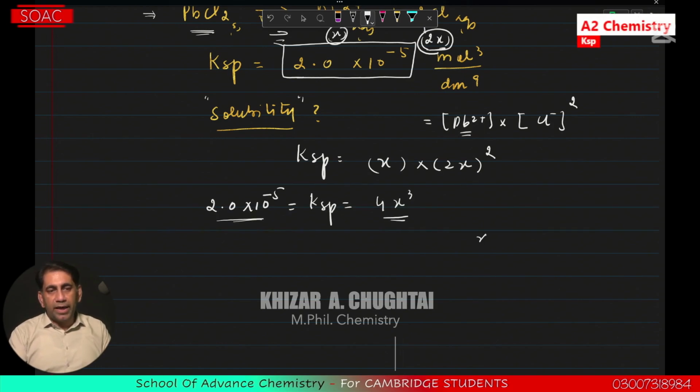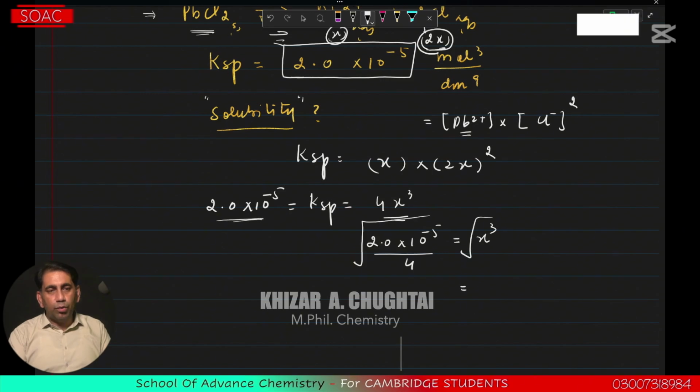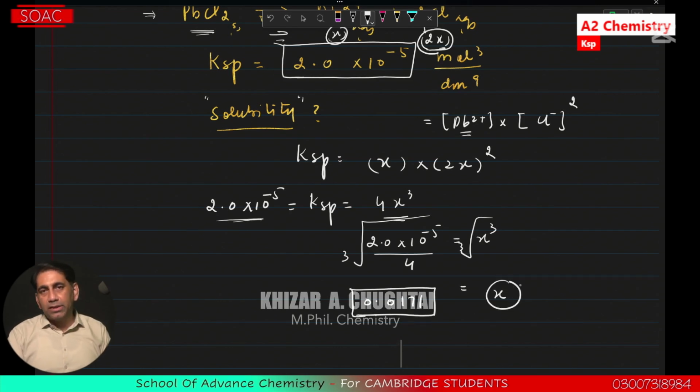X cube is equal to 2.0 × 10^-5 divided by 4. Taking the cube root on both sides, the value of X will be equal to 0.0171. And as I told you, X is the solubility.